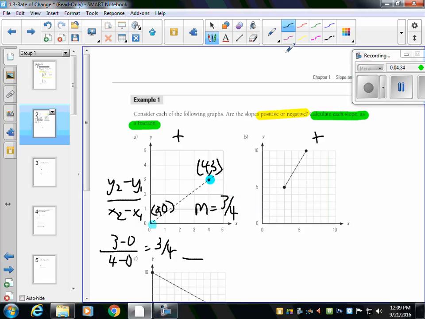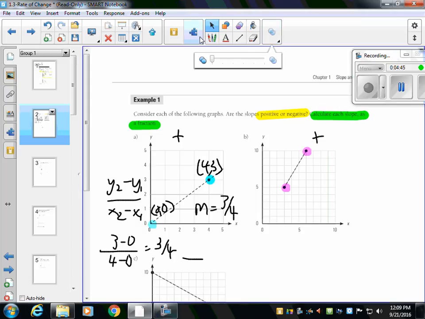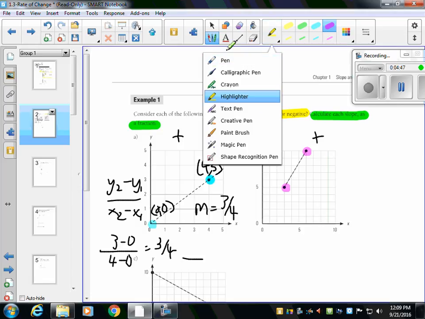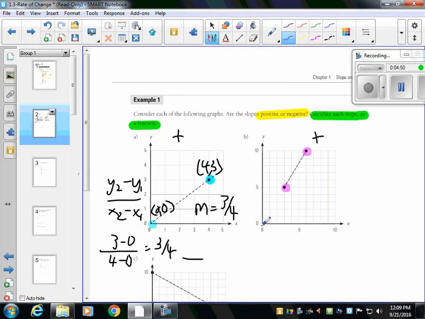And we do that for every graph we've got here. So just picking the 2 points. Usually endpoints are really nice to look at. So I could come in and pick out this point is 3, comma 5. That's point 1. And point 2 would be 6 comma 10.